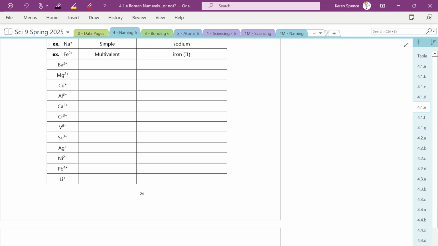And so that means that that's going to be iron 3 plus. So page 22, 23 for sure. And if you feel like you can do 24 to 25, you can, but that's more like optional if you're working ahead.